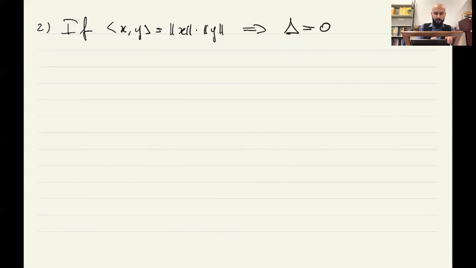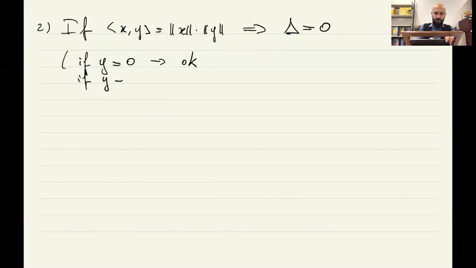Now if y is equal to 0, then there is nothing to prove, since then it is linearly dependent on x.